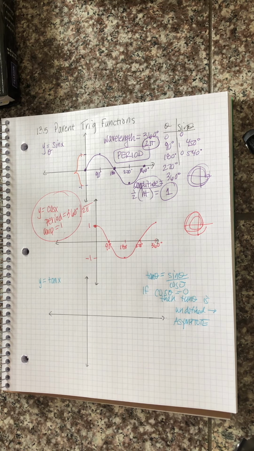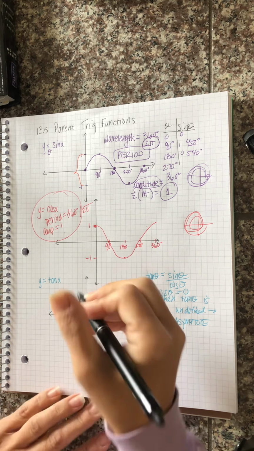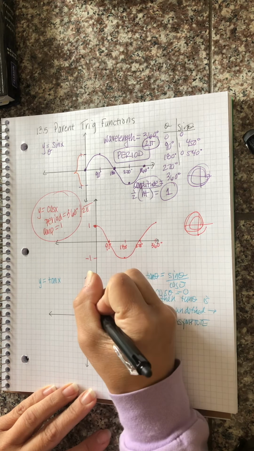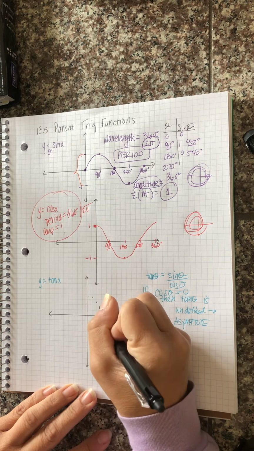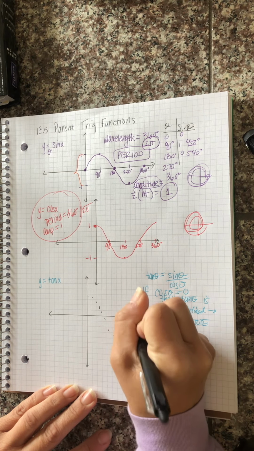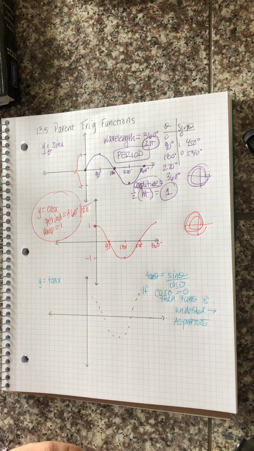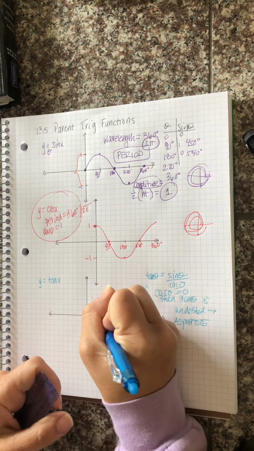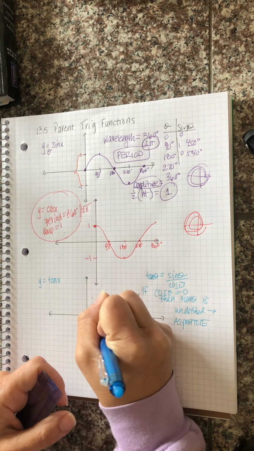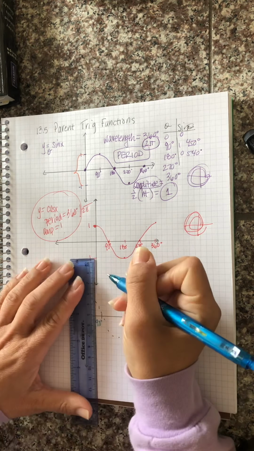Okay, so what I'm going to do is I'm going to very lightly draw in a cosine curve. I'm using an erasable pen so I can erase this if I need to. That's a cosine curve. Where is the cosine 0? The cosine is 0 at 90 degrees. Asymptote.